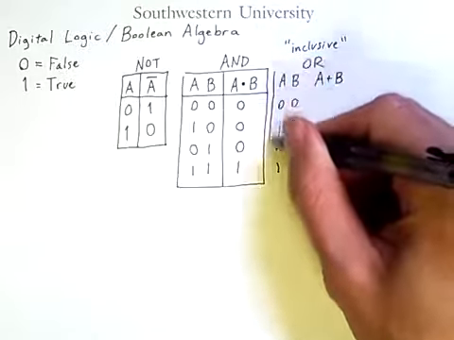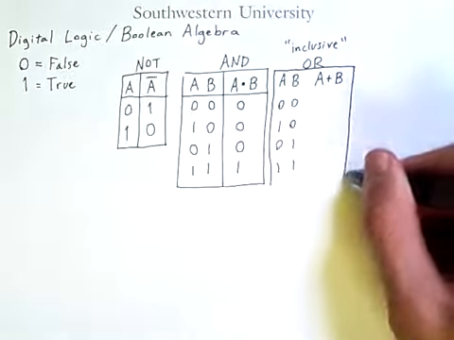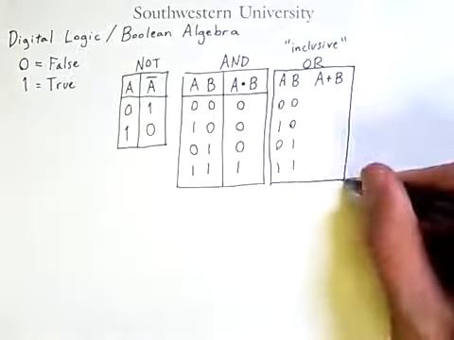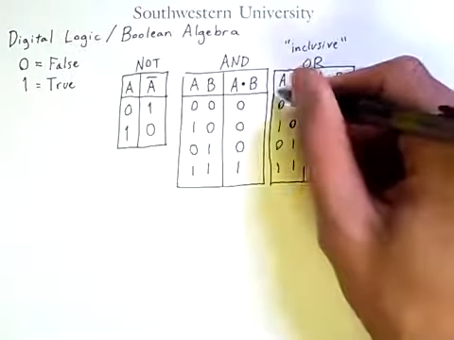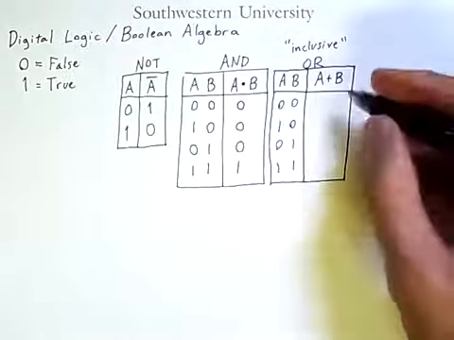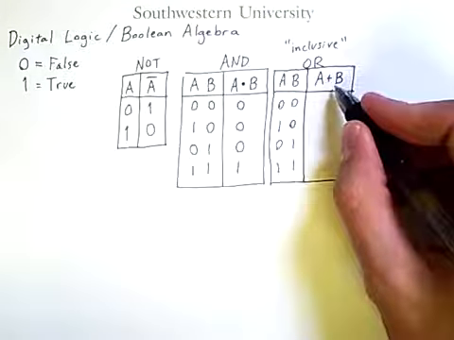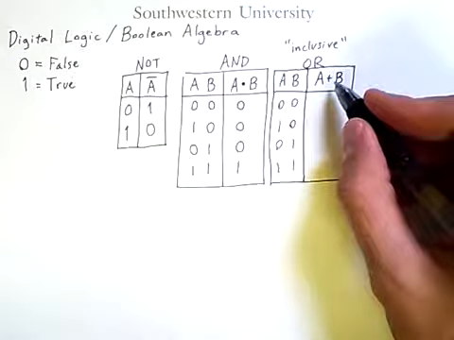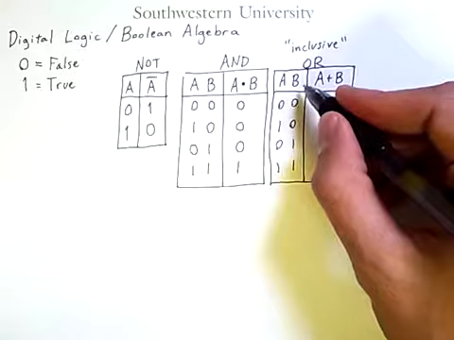Now, although I'm using a plus sign to indicate logical OR, I am not simply adding these bits. Rather, I will interpret this operator as asking the question, is it the case that at least one of these 2 variables is a 1?